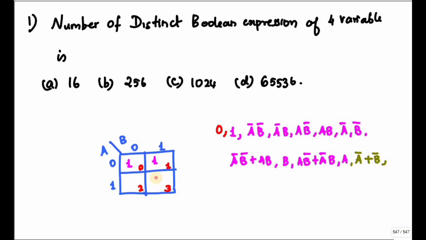Suppose these three cells are filled with 1, then the answer will be A bar plus B. And suppose this is filled with 1, then the answer will be A plus B. Suppose these three cells are filled with 1, then the answer will be B bar plus A.